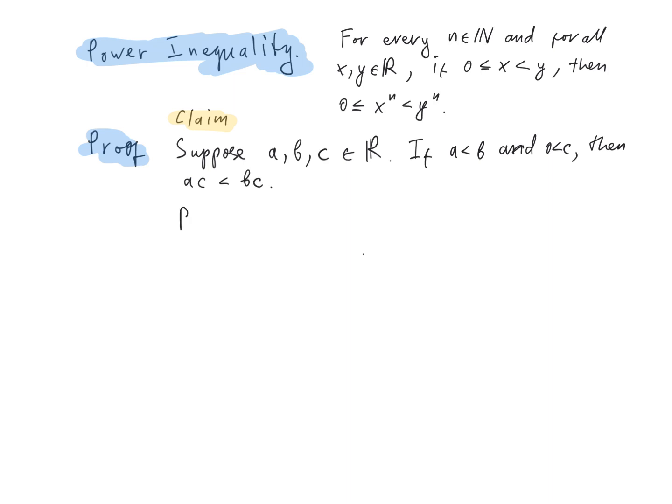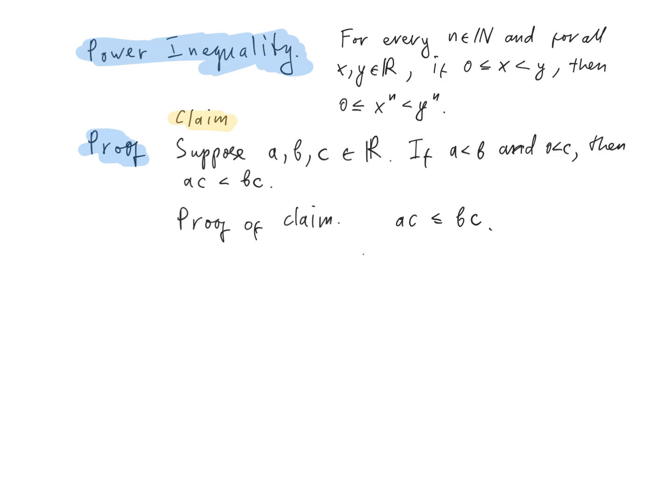Let's prove this claim first. By the fact relating the ordering on the reals with multiplication discussed in the previous lecture, we have that a times c is less or equal than b times c. So the only difference with the claim we are making now is that the inequality is strict.